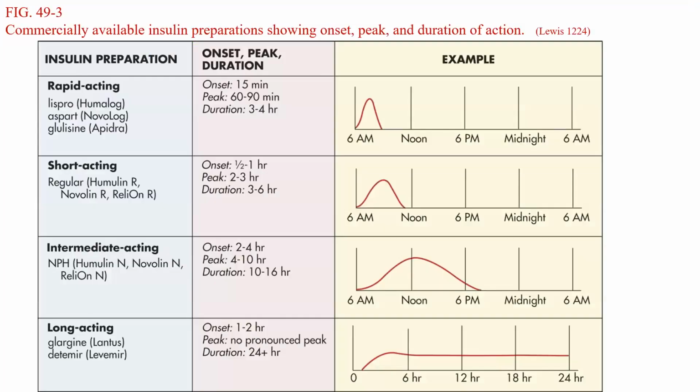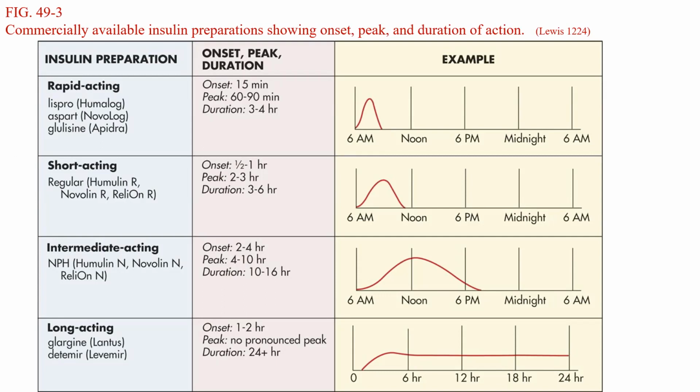So for example, here we have different types of insulin. We have rapid acting like Lispro, short acting like regular, which is Humulin R or Novolin R, so these are regular insulin that ends with R. The intermediate acting is the insulin which ends with N, like Humulin N, Novolin N, that's NPH, intermediate acting, NPH or lente.